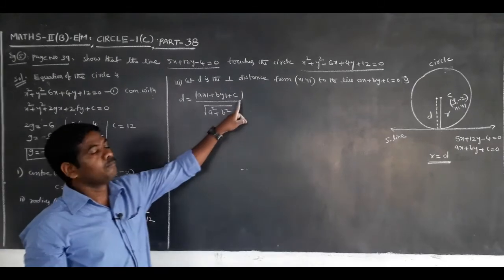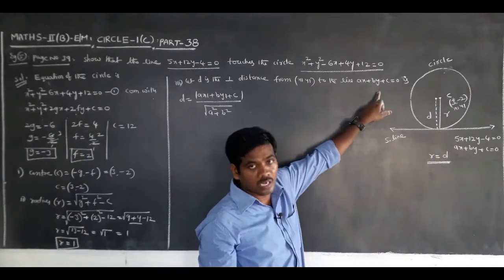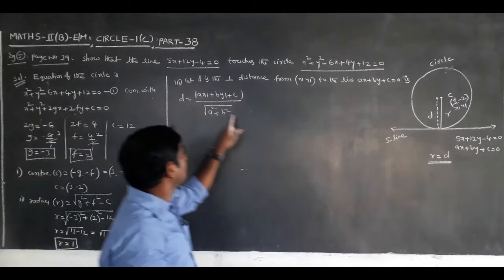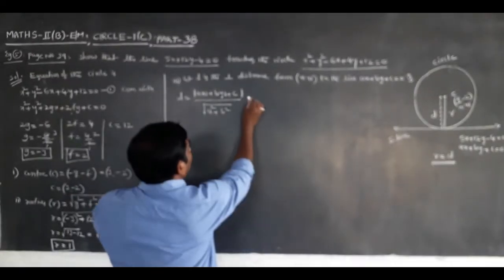This is the perpendicular distance from a point to a line.